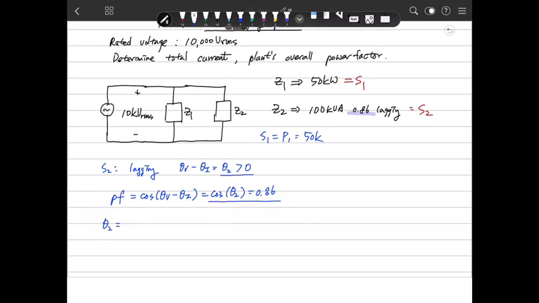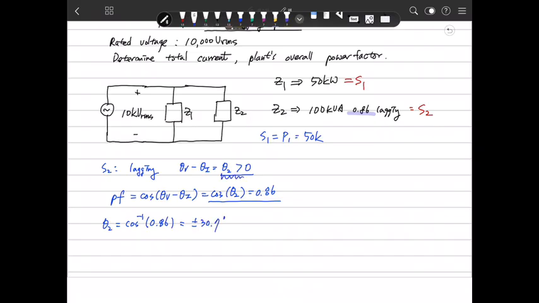So theta 2 can be calculated as arc cosine of 0.86. That value is plus or minus 30.7 degrees.